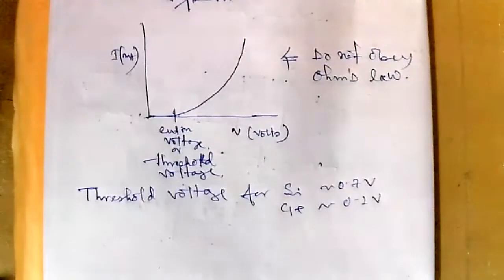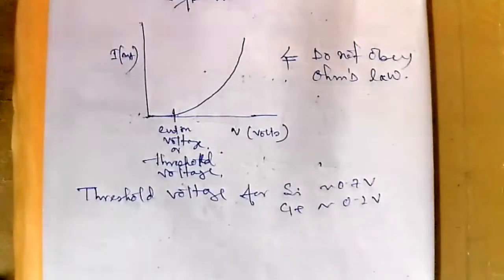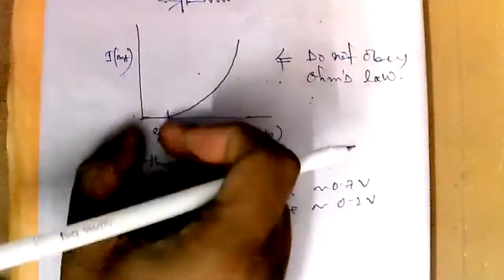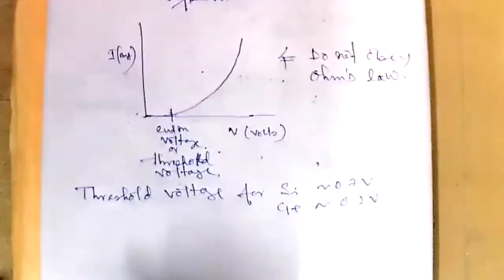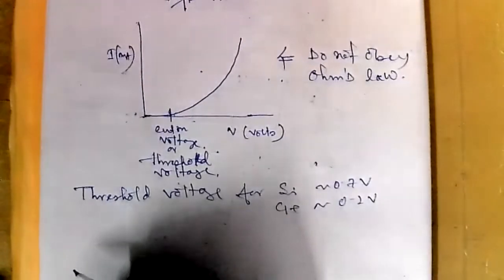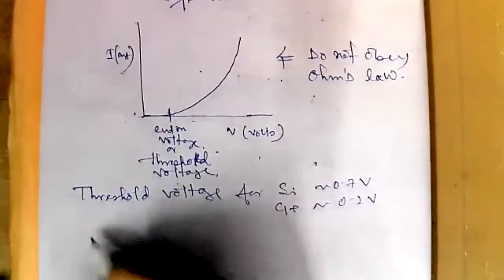So before this threshold voltage, the depletion layer plays a dominant role in controlling the motion of the charge carriers. So this region is basically depletion region dominated, that is called space charge dominated region.